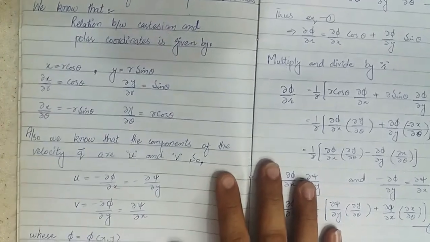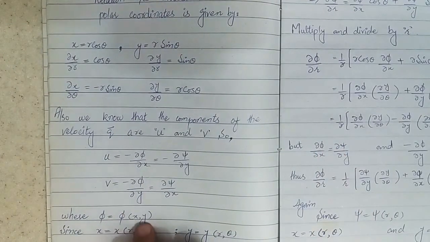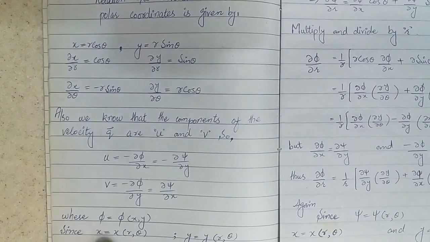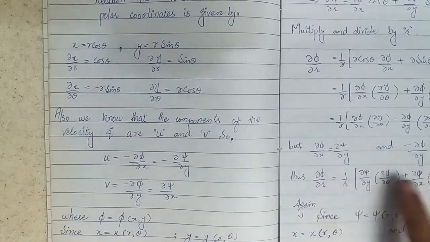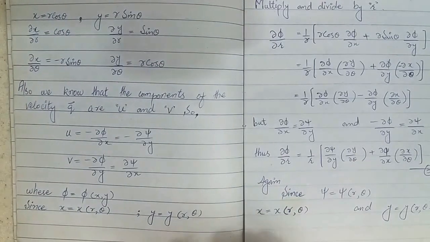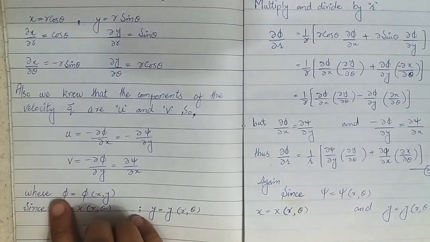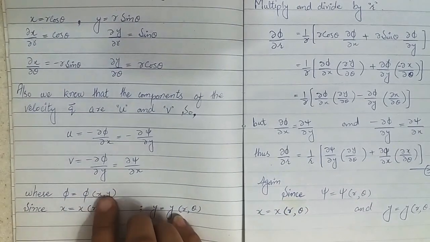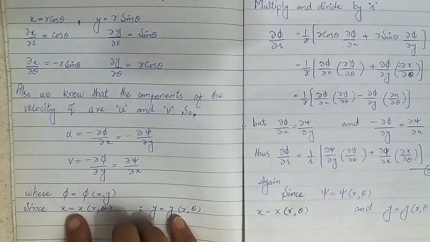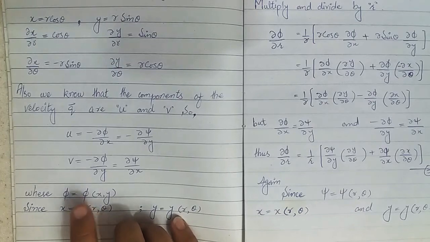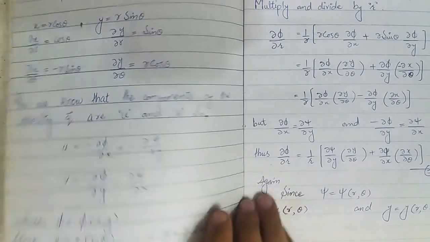Now, phi is a function of x and y. x is further a function of r and theta, and y is also a function of r and theta. When one function is of multiple variables and its variables are also functions of multiple variables, the derivative of such a function can be found by using the chain rule.